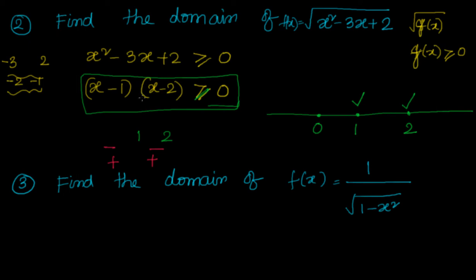So if I want to make x minus 1 negative, then the value of x should be such that it is less than 1. If it is 1, what happens? 1 minus 1 is 0. If it is 0, 0 minus 1 into 0 minus 2.